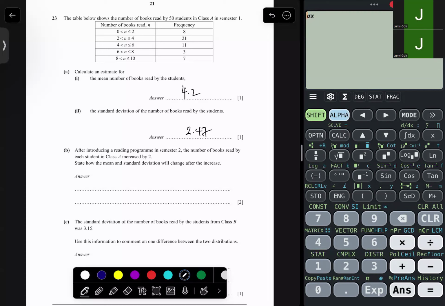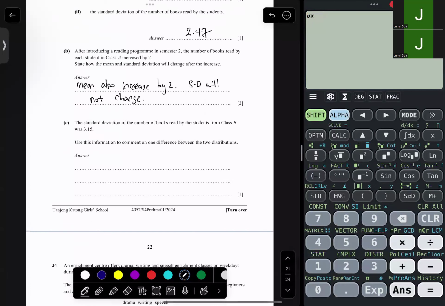State how the mean and the standard deviation will change after the increase. Okay, so if every person increases by 2, the mean will also increase by 2. And if everybody increases, then the standard deviation will not change, right?